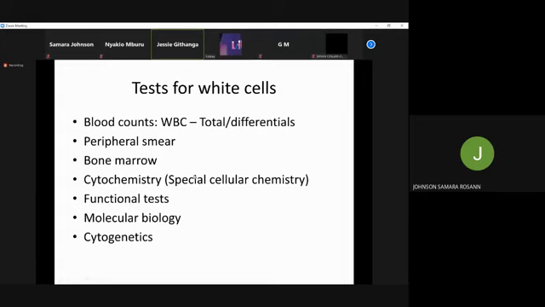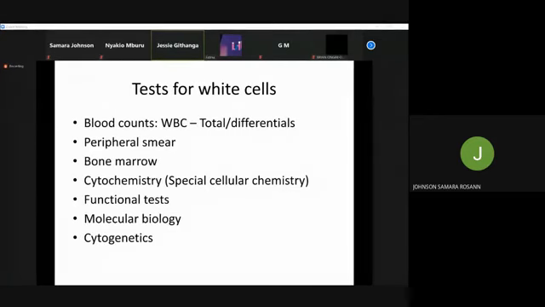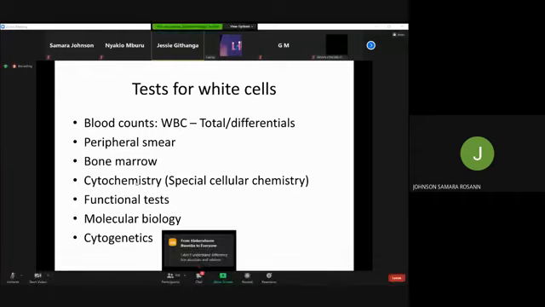We look very often at the bone marrow because this is where the white cells are produced. So if, for example, we see abnormal white cells that look like they're malignant, we will always look at the bone marrow, because that is where we should be seeing these abnormal white cells being produced. Then we can do special tests.